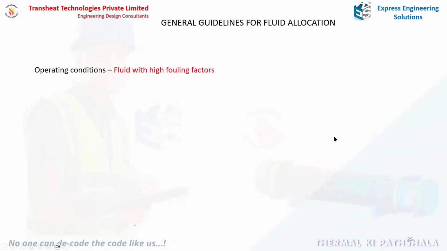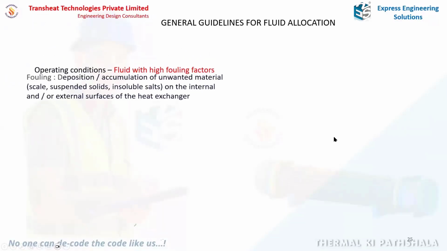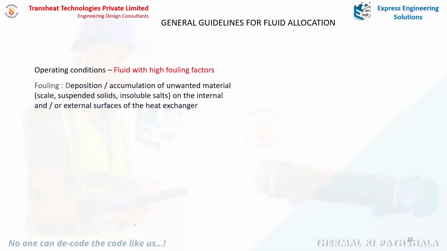Now, fluids with high fouling factors. What is fouling? It's nothing but the deposition or accumulation of unwanted material like scale and insoluble salts on the internal and external surfaces of the heat exchanger. If the fouling fluid is on the shell side, it would be fouling the shell inside as well as the outside surface of the tubes.